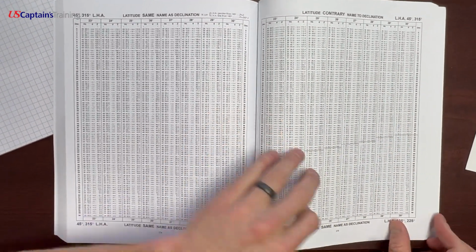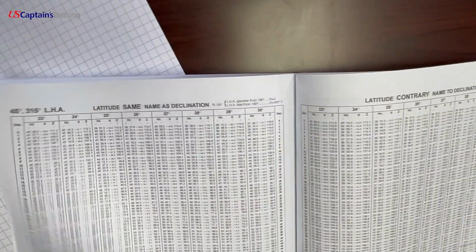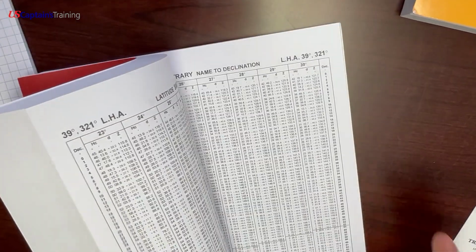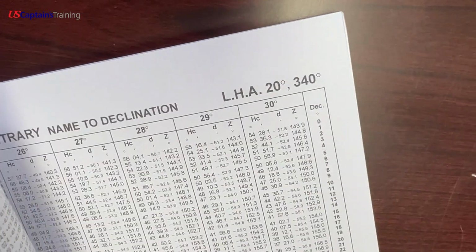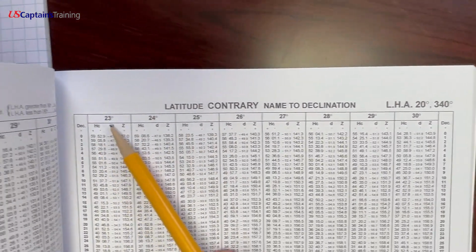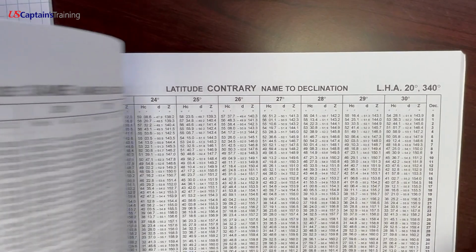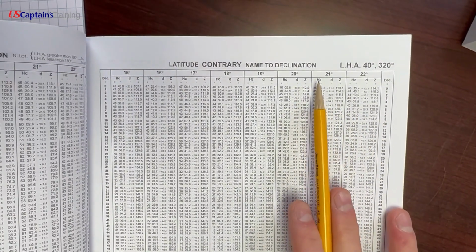Looks like I opened to the page one page off. If you flip through this table, you can see all the LHAs over here. There's two of them, one for each side of the planet. And then you have your latitudes here. They only go from 23 to 30. But in the other side of the book, you'll find all of these again, but lower latitudes.